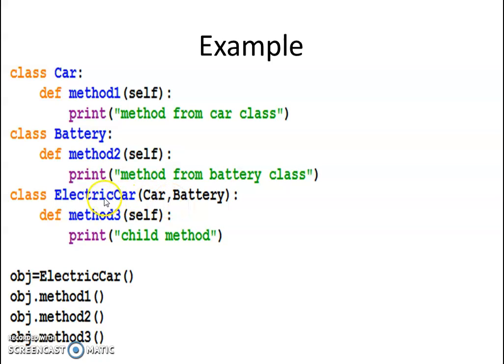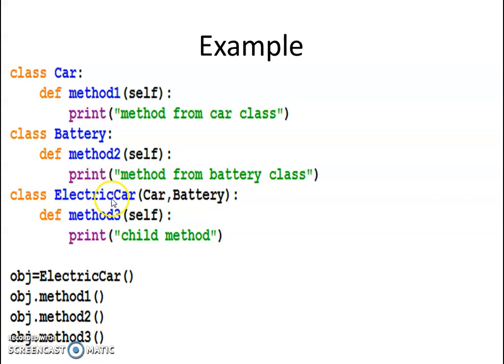So this ElectricCar is having two parent classes, Car and Battery, and this type of inheritance is multiple inheritance, as we have seen earlier. So here the child class is ElectricCar and it is deriving from two parent classes. One parent class is Car and the other parent class is Battery, right?